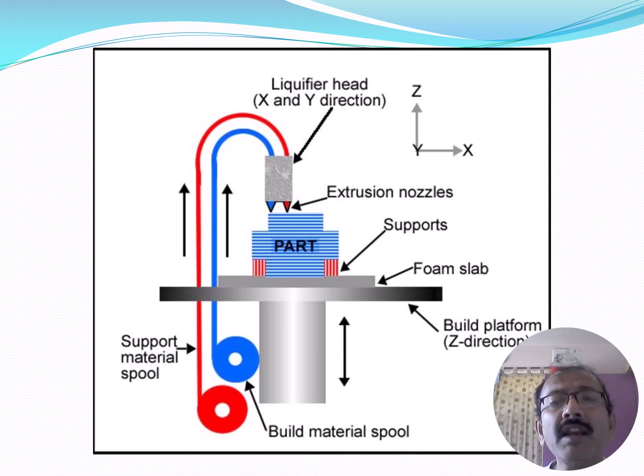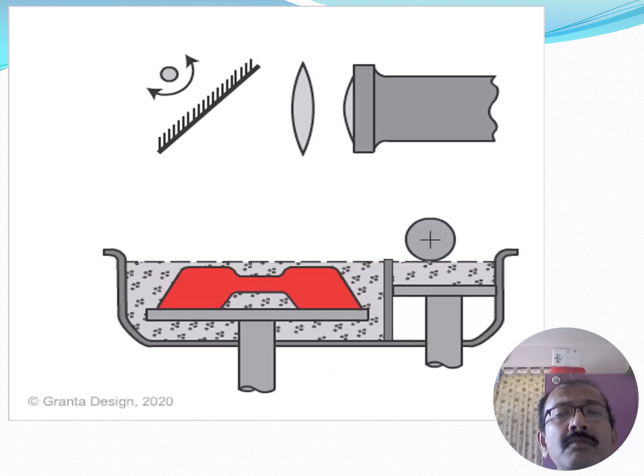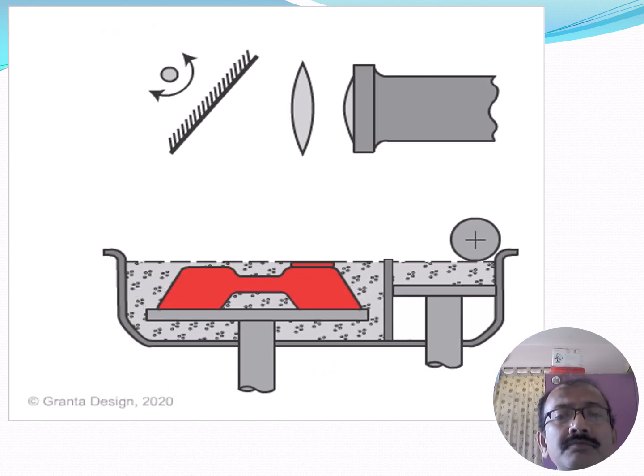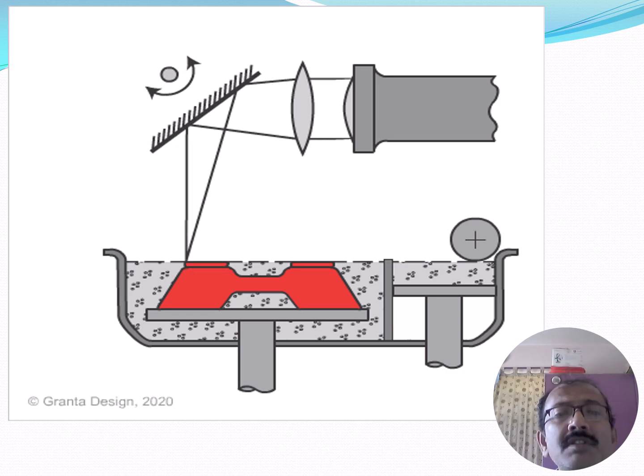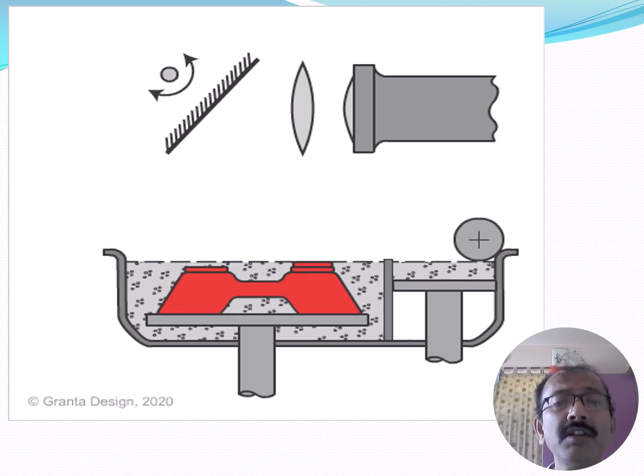If you see the diagram, it will be very clear that the red color is the support material and this is the build material. This is the animated picture showing how the 3D model is generated.